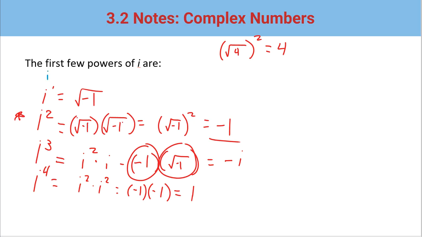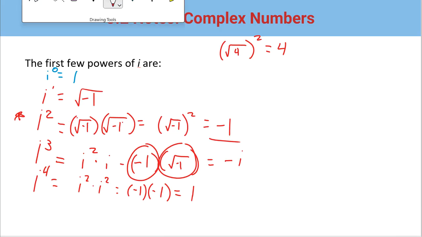What is i to the 0 power? Well, we learned in probably 8th grade that anything to the 0 power is 1. Whether it's 7 to the 0 power or 7,000 to the 0 power or even that imaginary i to the 0 power is going to be 1.